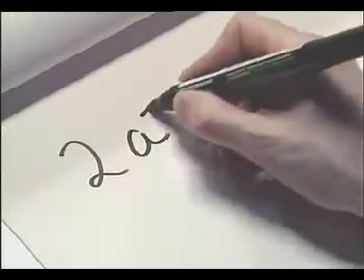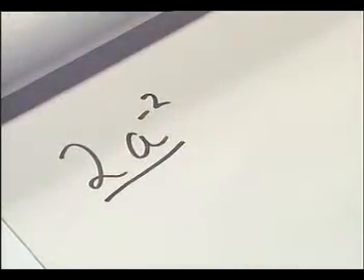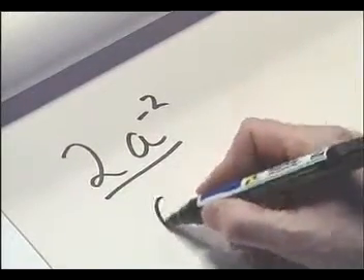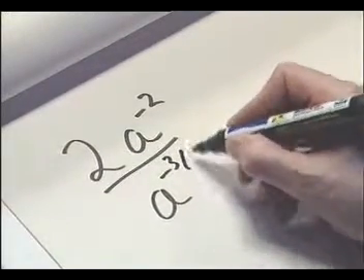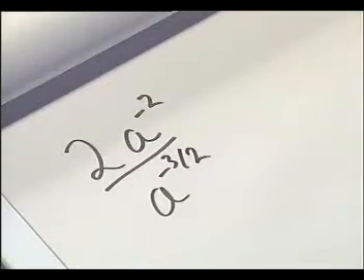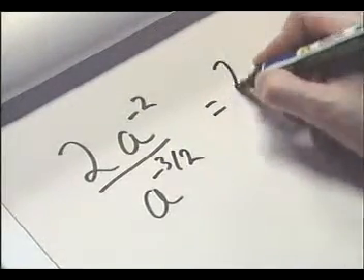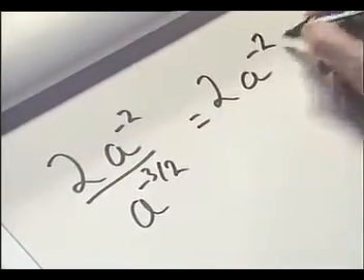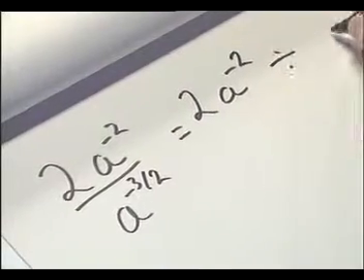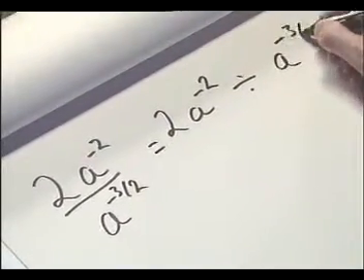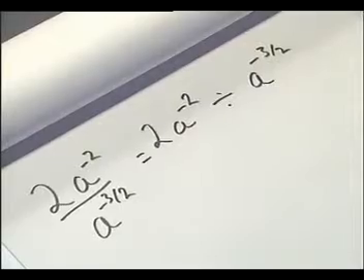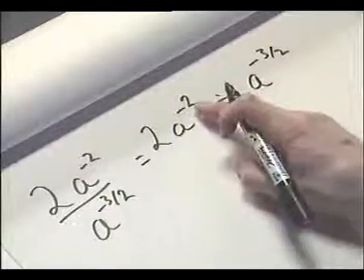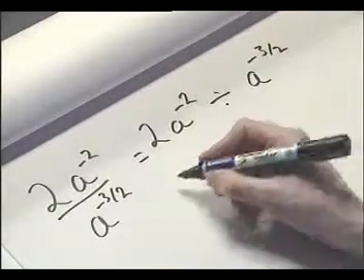2a to the minus 2 divided by a to the minus 3 over 2. Let's remember what our rule said: if we're dividing things like this, we actually subtract the indices.